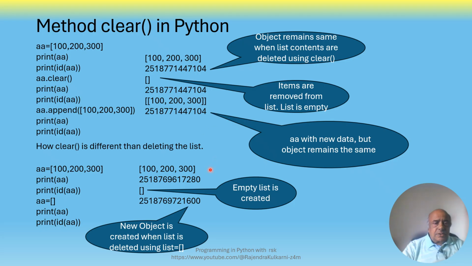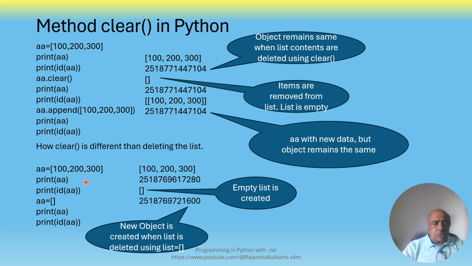How is clear different from deleting the list? When we delete a list using A is equal to an empty list, a new empty list is created. Print A gives us an empty list, but now the ID of that A has changed, so the object is different.